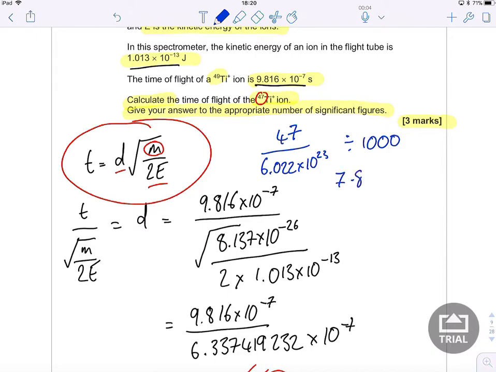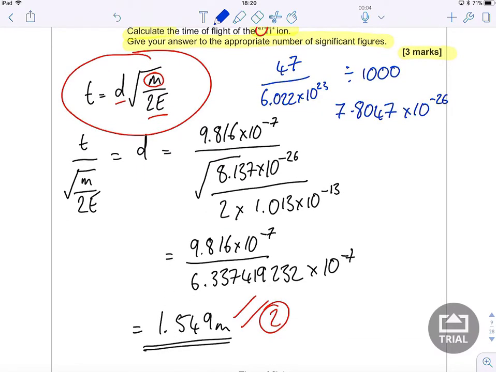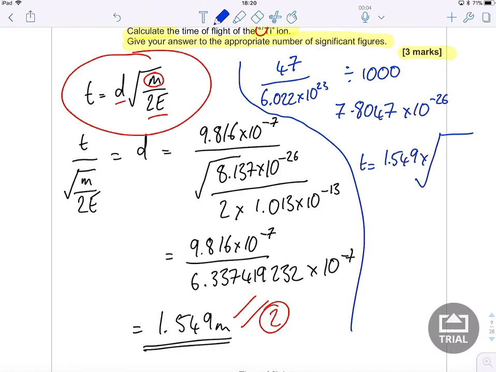That gets me 7.8047 times 10 to the negative 26. I can then say that time is equal to the distance, 1.549, multiplied by the square root of 7.8047 times 10 to the negative 26, divided by 2 lots of the energy, 2 times 1.013 times 10 to the negative 13.